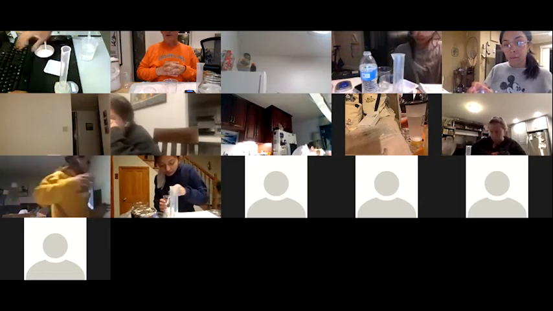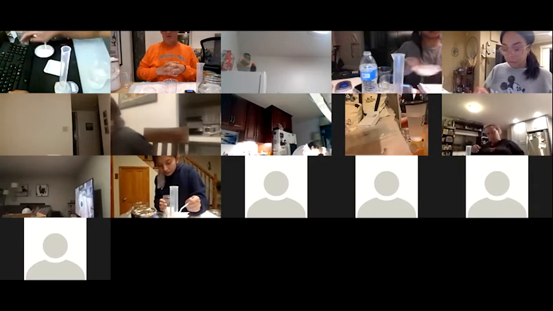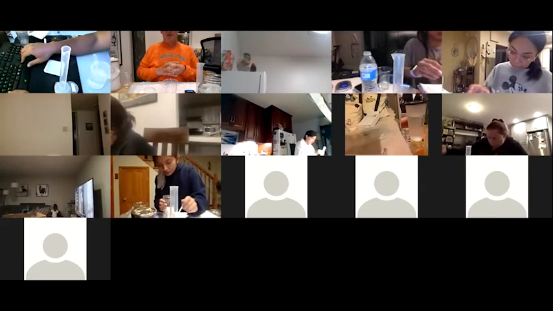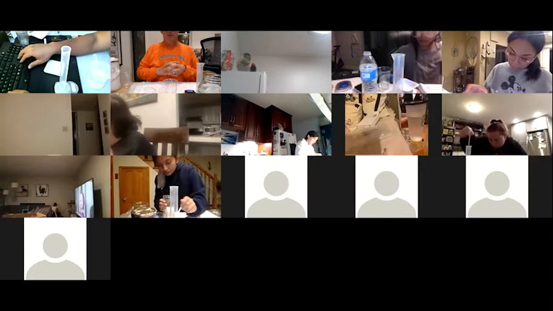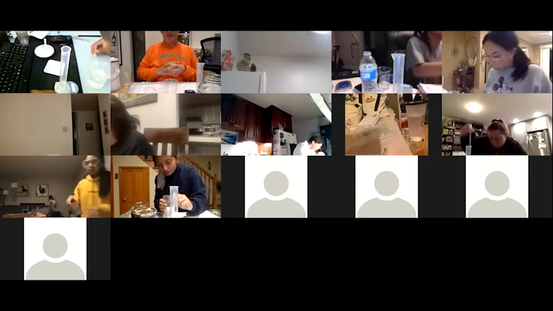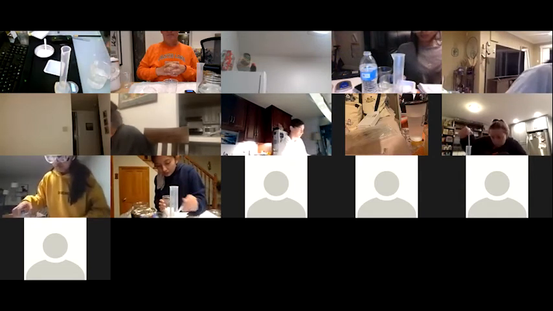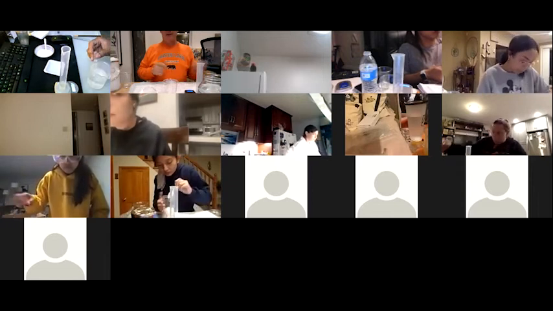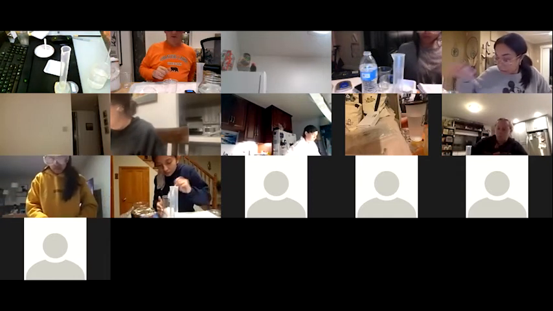What weighs 115 grams? It was the water with the plastic cup. Yeah, it's way too much. That can't be 50 mils of water. So put the cup in, zero it, tare it, and then add the 50 mils of water.